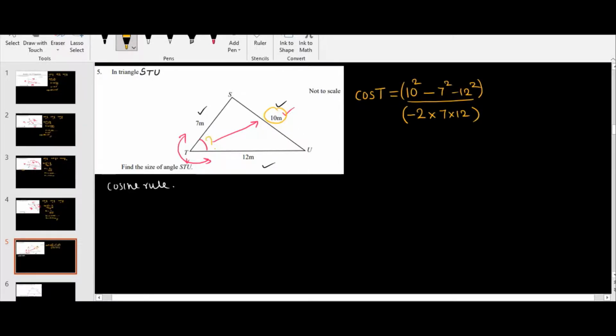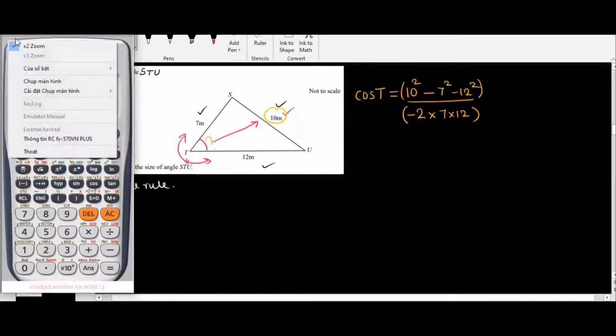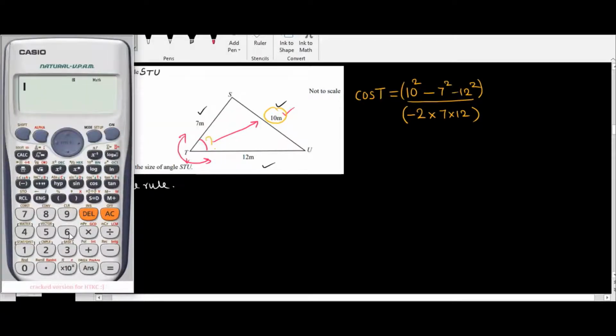Now we will use the calculator to find the answer. You can also see how to write all the values so that you get the correct answer. I'm going to open the bracket, that is 10 square, then negative 7 square minus 12 square, close the bracket, then divide, open the bracket again, this negative sign, 2 multiply 7 multiply 12, and then close the bracket.